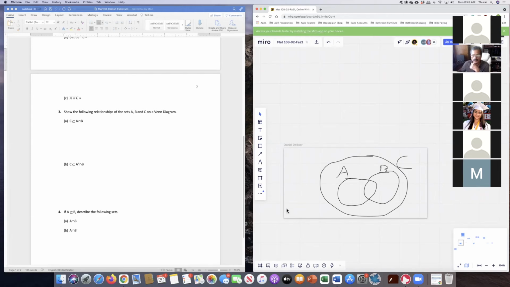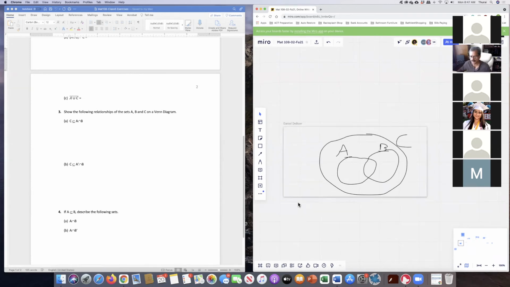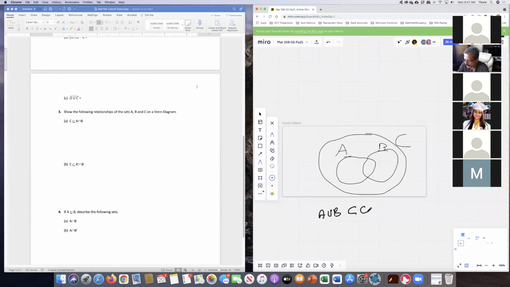Daniel DeBoer, I'm looking at your solution. The fact this picture represents is A union B is a subset of C. What you have is A and B, both circles inside C, which means both A and B are subsets of C. A union B is a subset of C. That's what your picture represents.